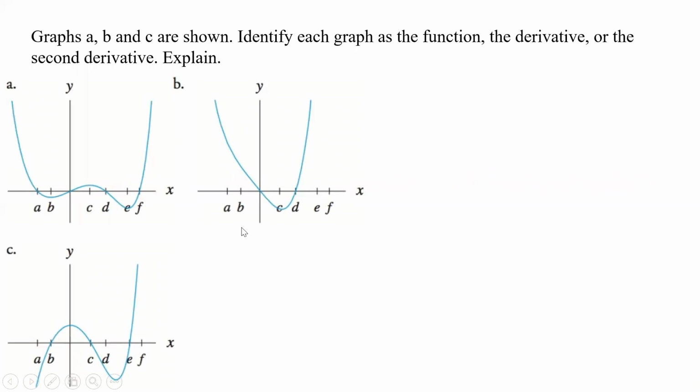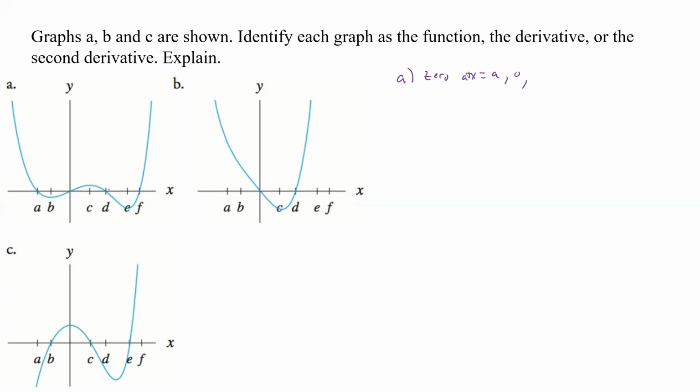Okay, so here we have the ones where we actually have to start thinking about which one is the function, which one is the derivative, which one's the second derivative. So looking at A, let's write these down. What do we have? Well, we'll have a 0 at x equals A. We have a 0 at 0.